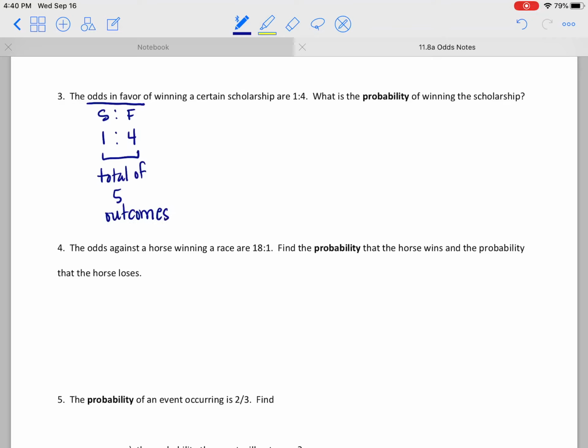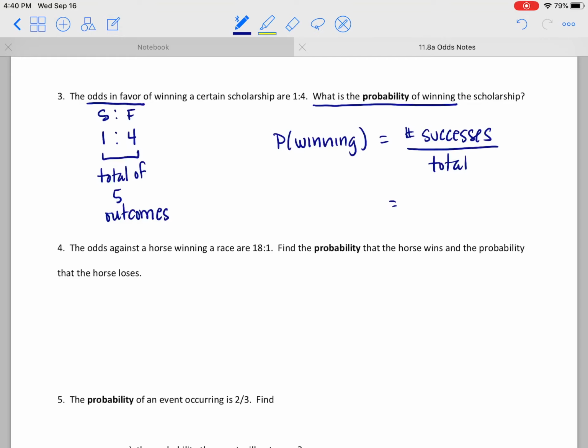Okay, so it says, what is the probability of winning? So the probability of winning is going to have to be the number of successes over the total. Okay, so how many successes do we have?